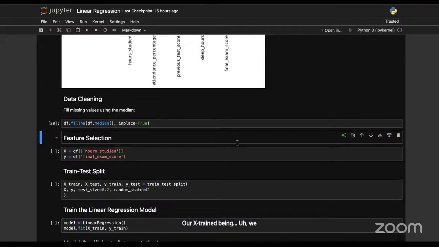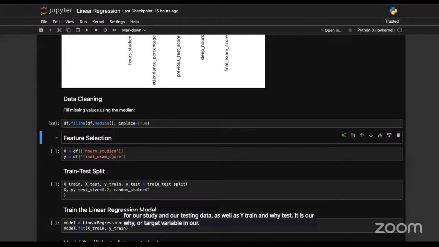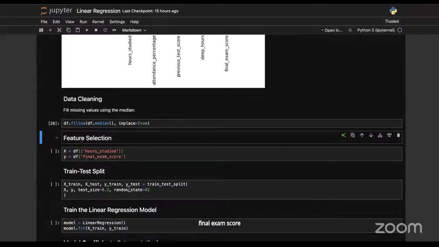We will find the notebook along with the recording. Yes, that is correct. So X train and X test are the X, or hours studied, for our training data and for our testing data, as well as Y train and Y test, which are our Y, or target variable, the final exam score, in our training and testing datasets.